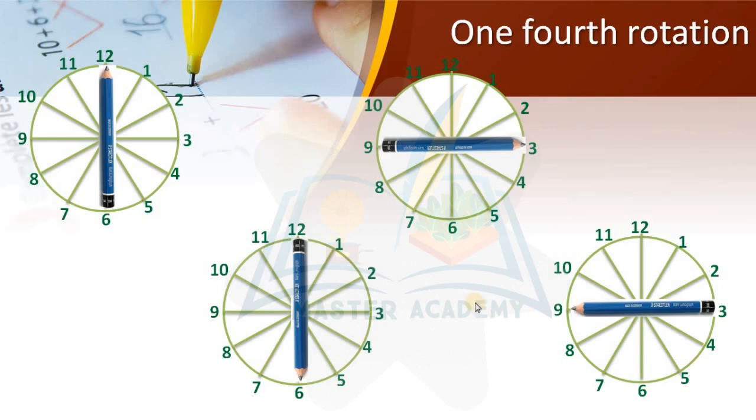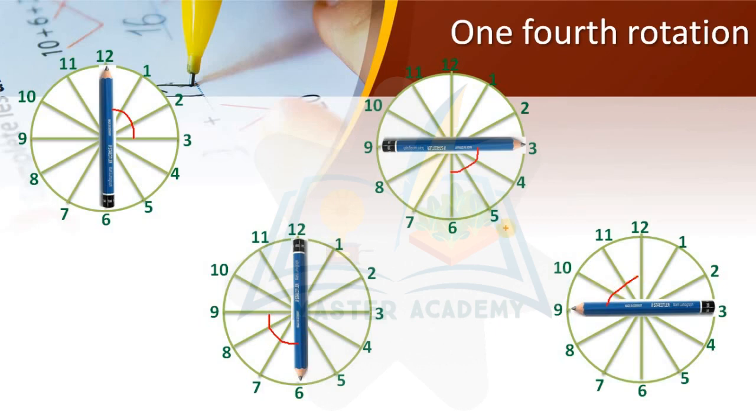Clear what I am telling you? Look at this side. Again I am repeating, beta. This pencil we have moved here from this. Then in the second figure it will move here. Now in the third figure it will move here. In the last figure again it will move to the first figure.